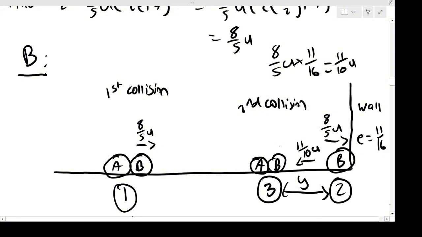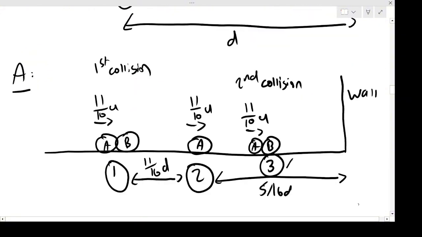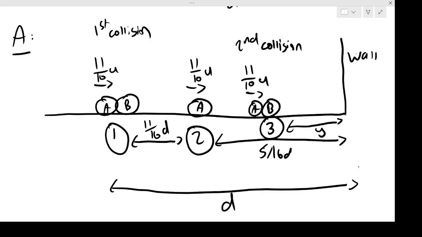So the distance from the collision to the wall is from point 3 to point 2 here. Hopefully you're happy with that. Okay, well actually that's going to match this distance here. This is also going to be Y from point 3 to the wall. It's the exact same distance. Now, if I look at my diagram, I can also work out an expression for the distance from point 2 to point 3 here.